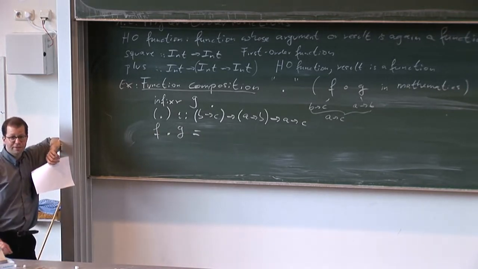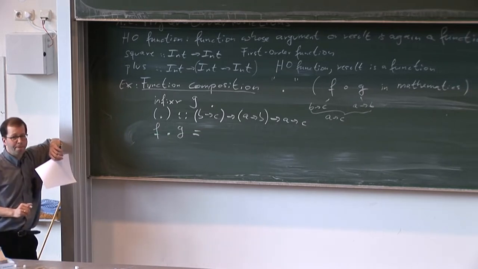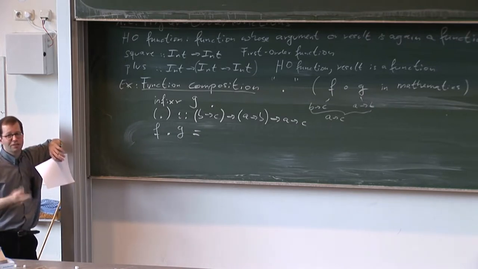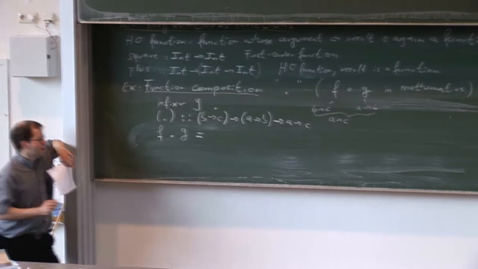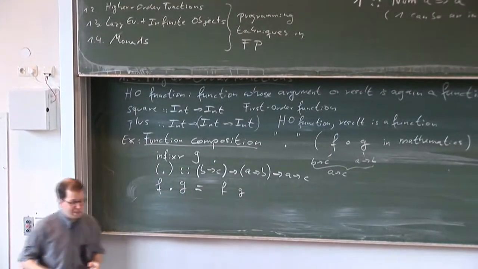Any idea? So the outcome of this should be the function which, if you give it an argument, it will first apply g and then it will apply f. Now how can we write down a whole function in just one single expression? If we write fg behind each other, then what does that mean?